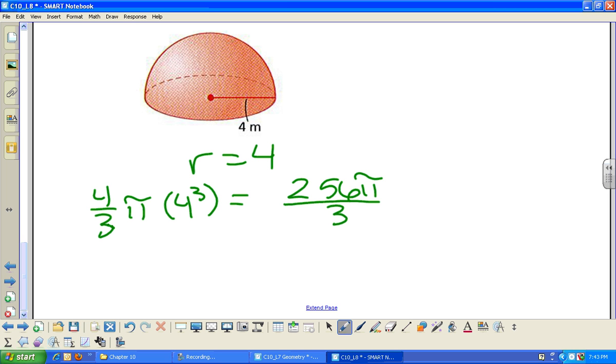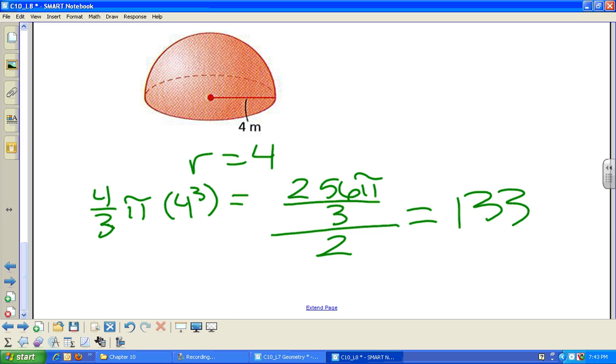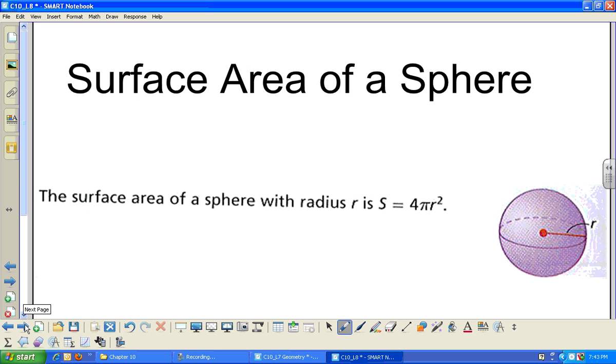And since it's half of the sphere, I divide the whole volume by 2. If you put 256 pi in your calculator, then divide by 3, and then divide that by 2, you get 133.97 meters cubed.